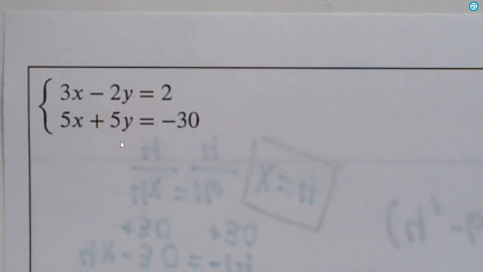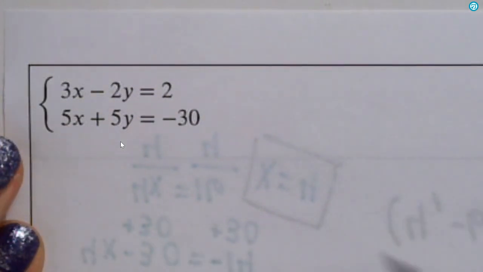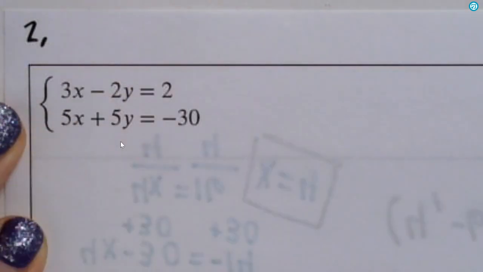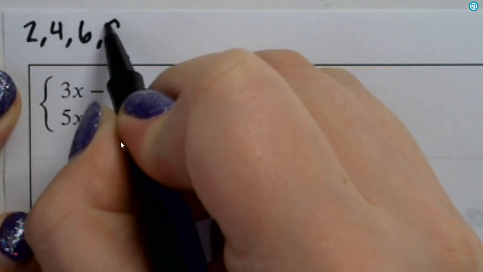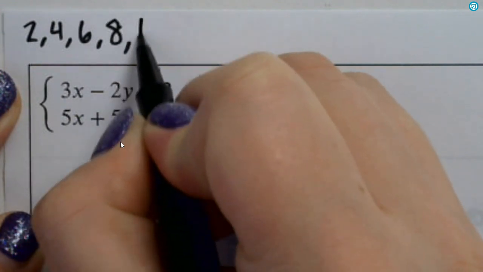We need to find the lowest common multiple of 2 and 5. What is the smallest number that 2 and 5 both go into? So, if you can't figure it out, we can list our multiples. What are my count by 2's for me? 2. What comes next? 4. 6. 8. 10.